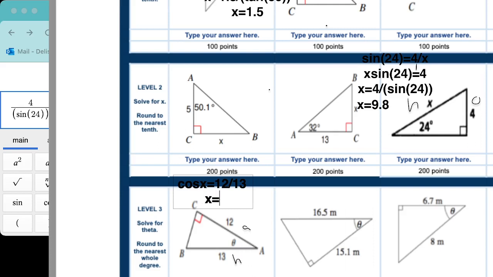And so the inverse you can type as cosine to the negative 1 power, and then what is inside. So now you're going to want to take that and put it into your calculator to find what your angle is going to be.